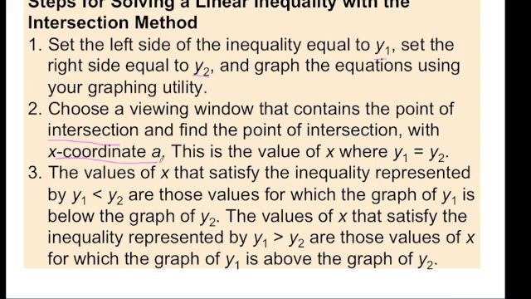This is the value of x where the left side equals the right side. Now the values that satisfy the inequality are represented. If we want the left side less than the right side, we look where the graph of the left side is below the graph of the right side. And for the greater than, we'll want it the other way.